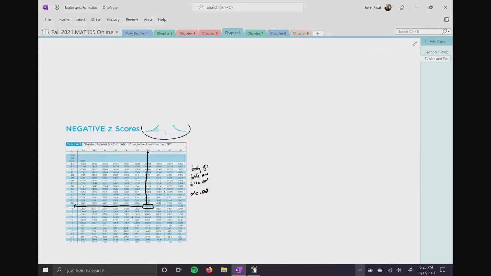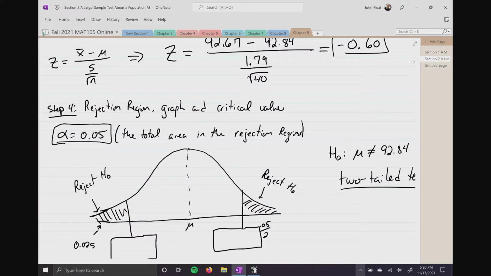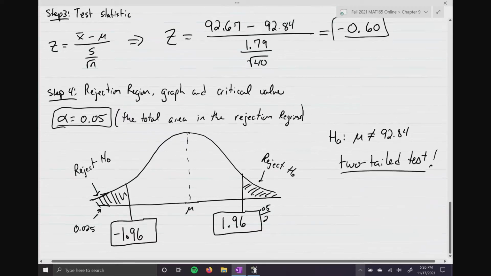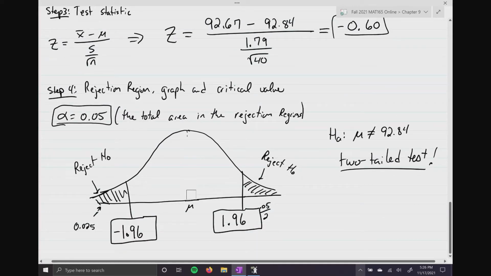Therefore, our left rejection region is going to be negative 1.96, or the critical value. And the critical value for the right rejection region is going to be positive 1.96. Okay? We also know right down the middle, or in the middle of this graph here, is our fail to reject the null region.